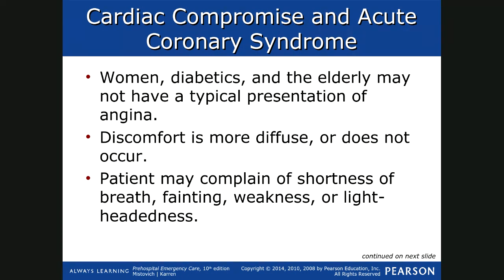So you look at the top, you've got the trifecta there for having what's called a silent MI. You've got a woman who's a diabetic and she's postmenopausal. They may have no signs and symptoms whatsoever of having any kind of cardiac compromise. They may be complaining of, I feel weak, I feel dizzy, I just don't feel right.